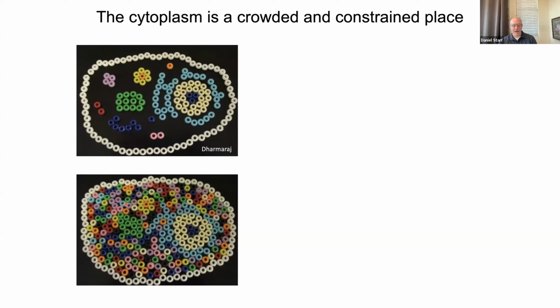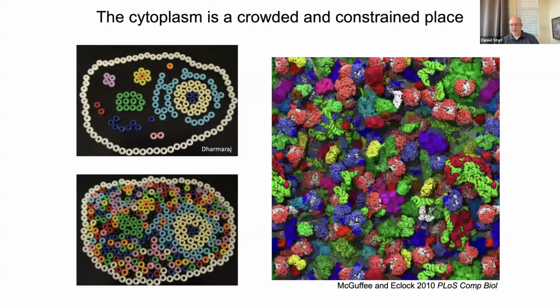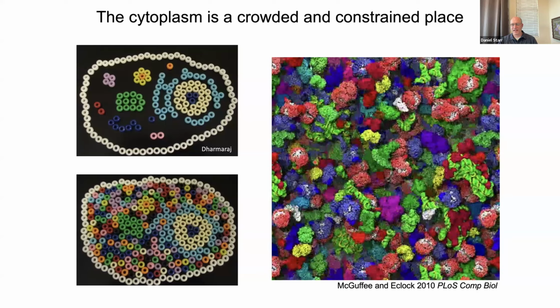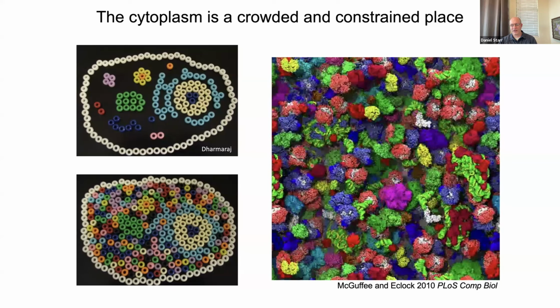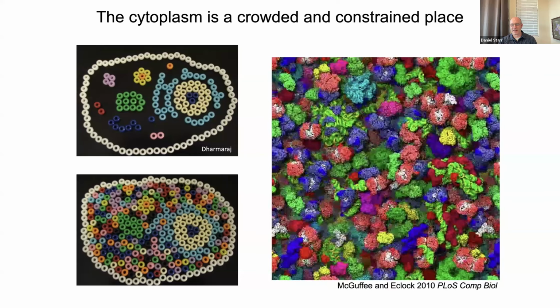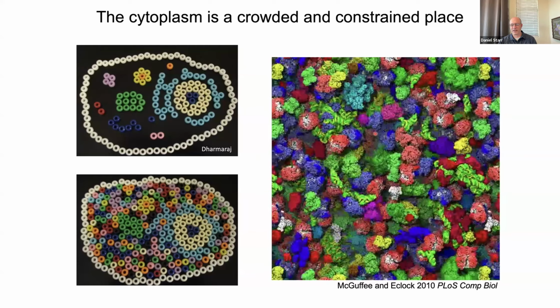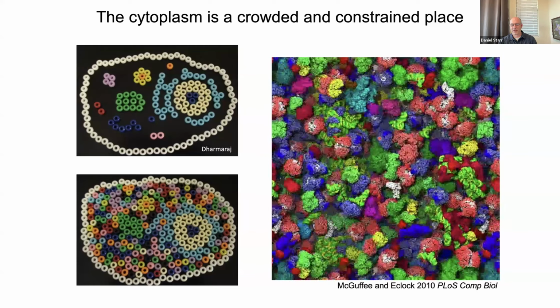There's not really empty spaces. In fact, there's this classical model here of the inside of the E. coli cytoplasm. And you can see there are large macromolecular complexes, and it's completely packed in here. There's no empty space. These macromolecular complexes are all bumping into each other. It's a very crowded place.